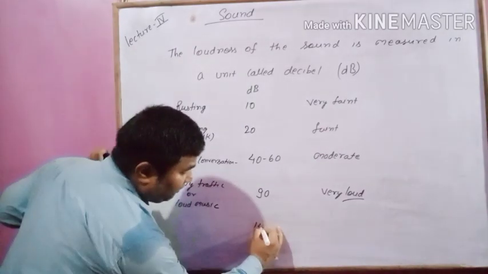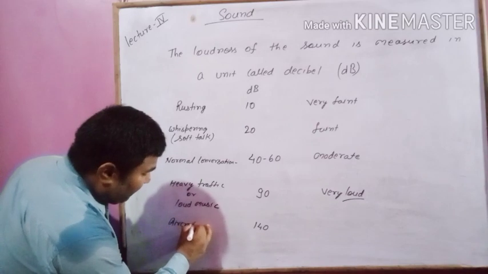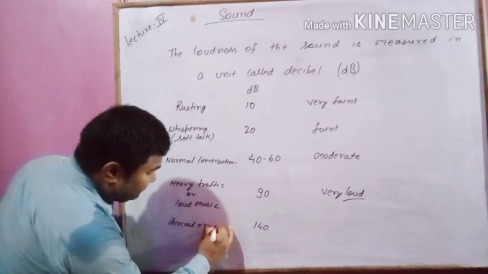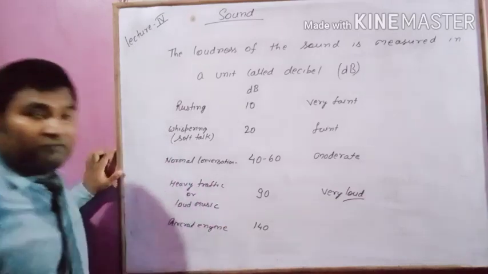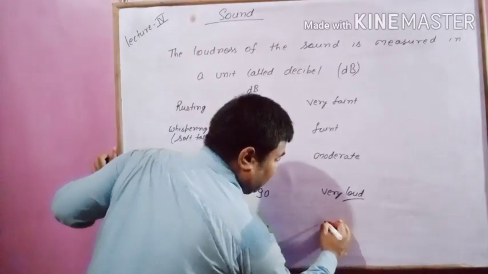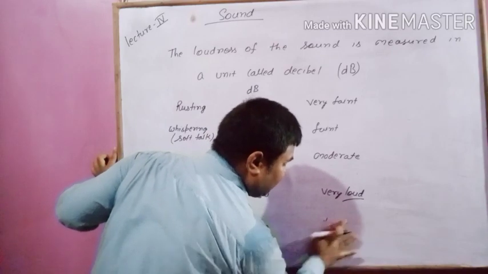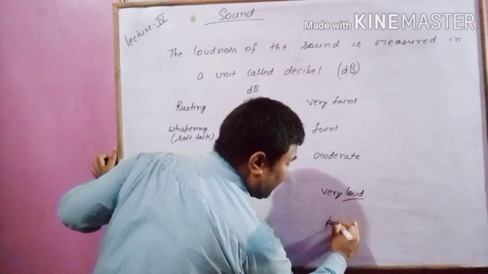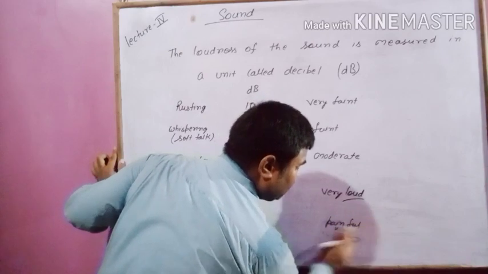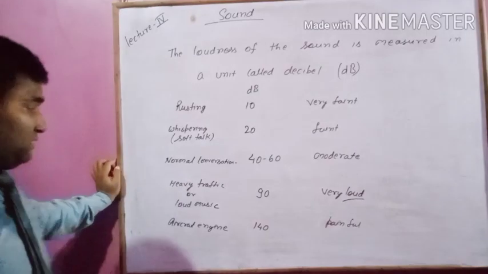The sound of an aircraft engine is around 140 decibel. It is dangerous, it is painful, meaning it is so loud that it is painful.